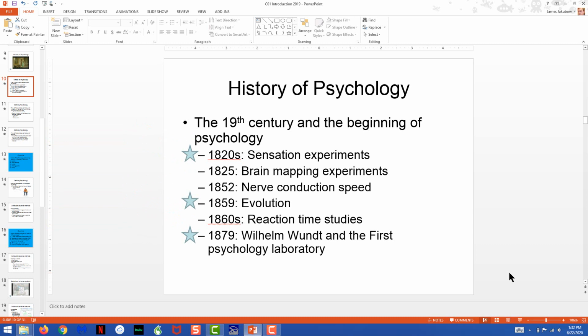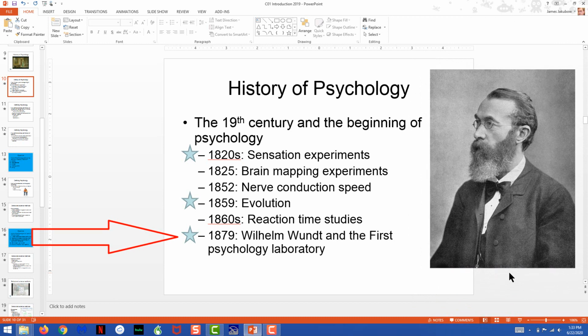After the 1860s, we finally get to the point at which the field of psychology is developed in 1879. And because we're delving into this history, I'm going to go a little bit into what actually happened just before 1879. Wilhelm Wundt was a medical student.